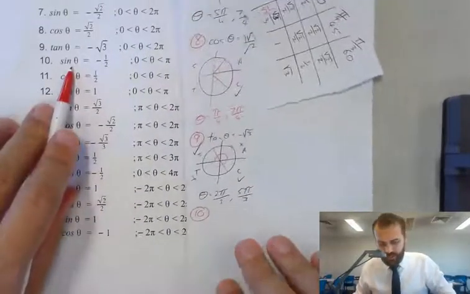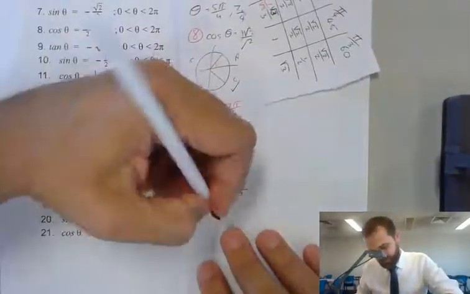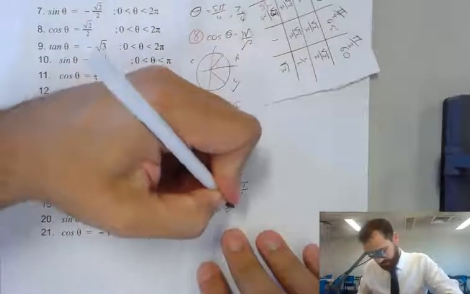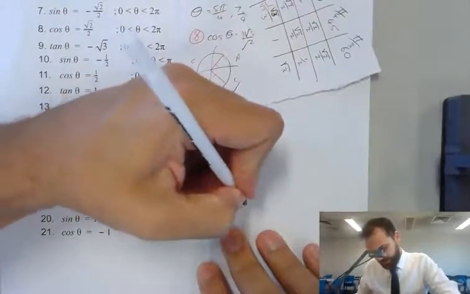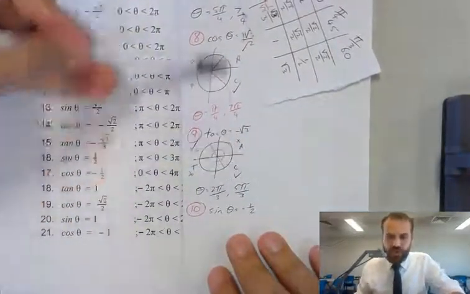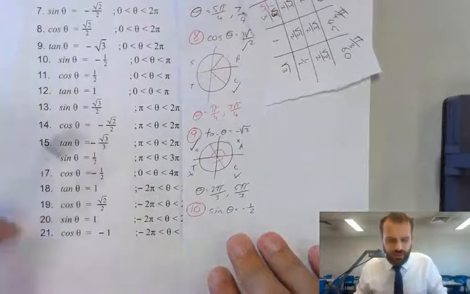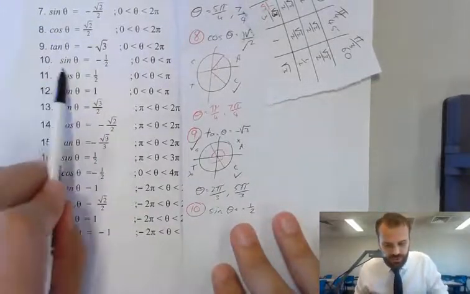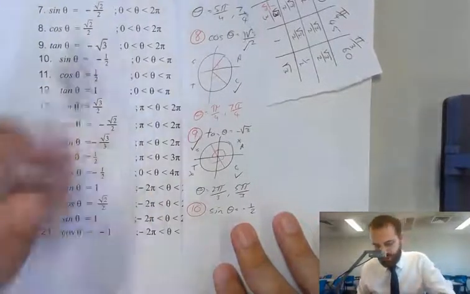Sine theta equals negative a half. Now let's look at the domain, because we've been assuming the domain has been 0 to 2 pi for all of these questions, because it has been. Question 10, it's only 0 to pi.